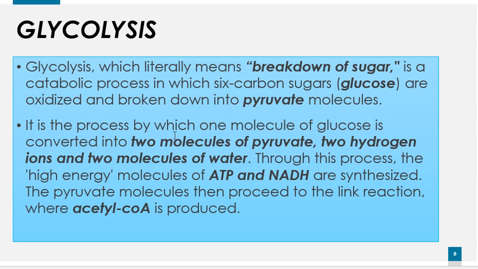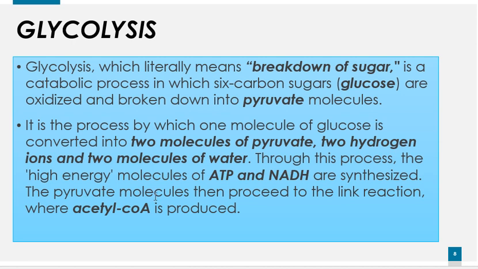Or it is the process by which one molecule of glucose is converted into these outputs. So, to summarize glycolysis, two molecules of pyruvate, two hydrogen ions, and two molecules of water. So through this process, the high energy molecules of ATP and NADH, electron carriers, are synthesized.